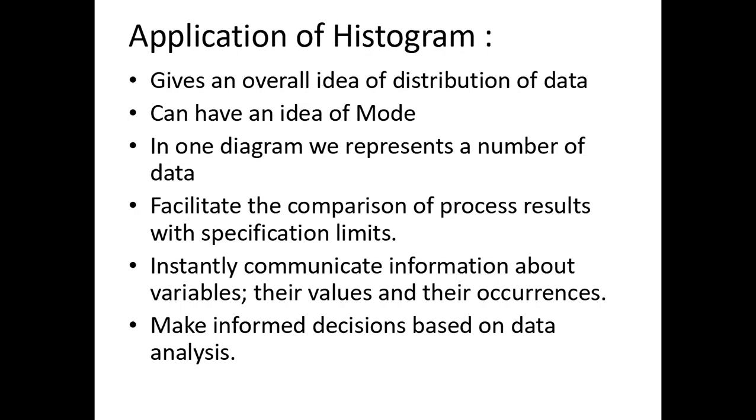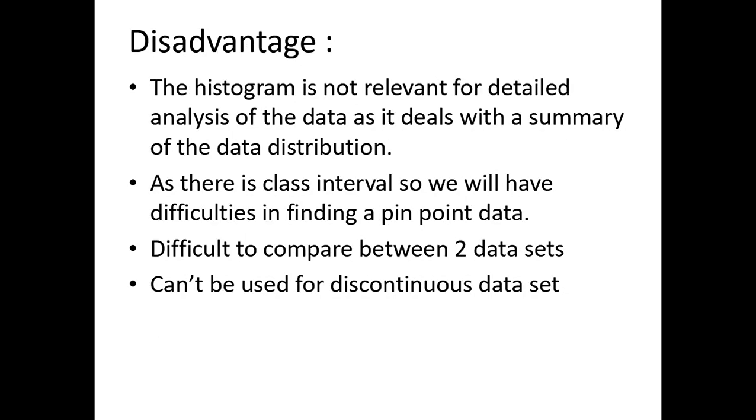These histograms give an overall idea of distribution of data, and they can give an idea of mode, and in one diagram we represent a number of data, and this can facilitate the comparison of process results with specification limits, and a histogram instantly communicates information about variables, their values, and their occurrences, and one can make informed decisions based on data analysis.